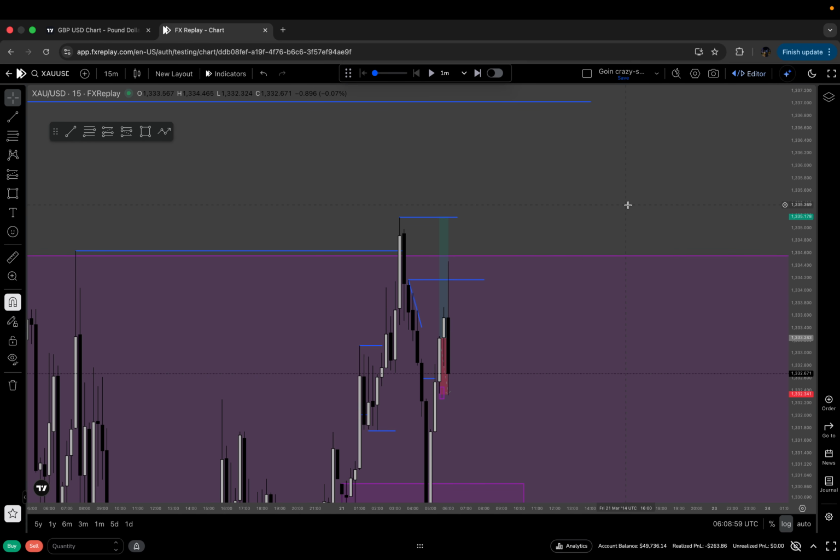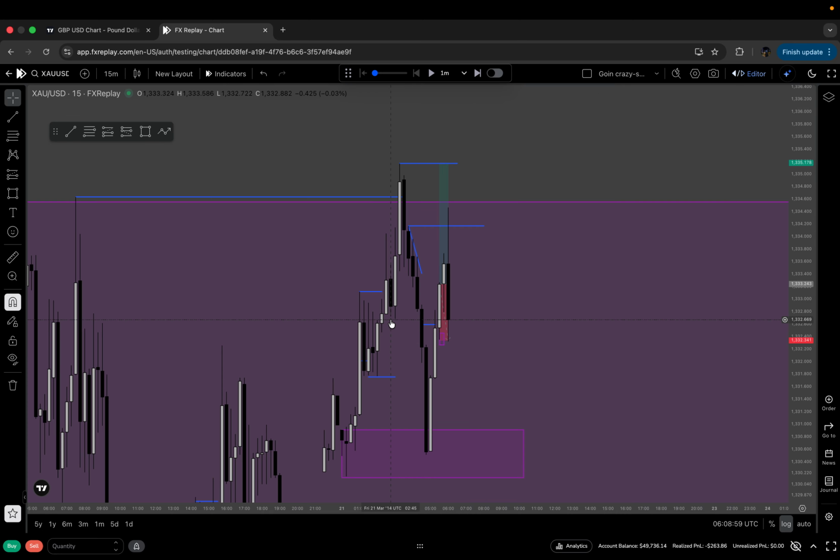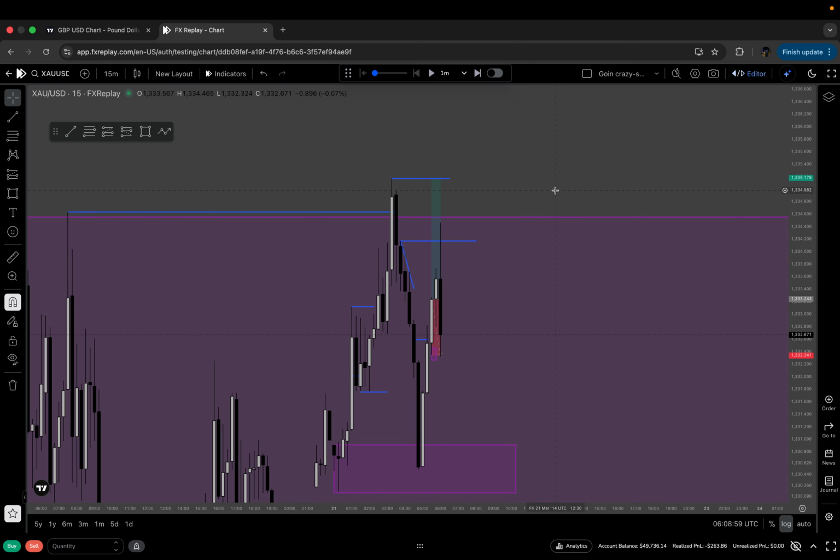Some internal draws to the downside were taken out, and the upside, so buy side, we put in that high, but again, we just weren't able to get that continuation.